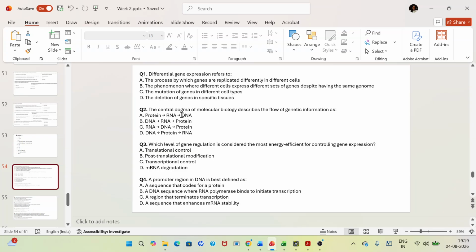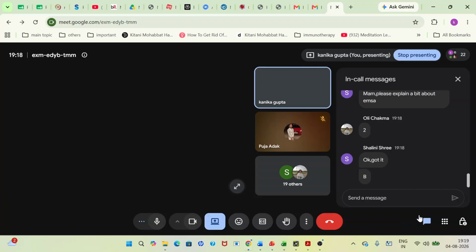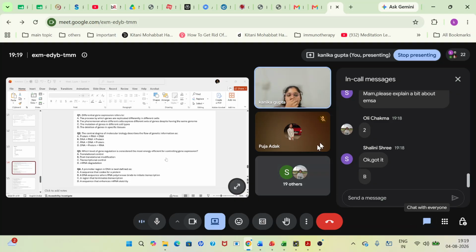Obviously the genome is the same in each and every cell, but the expression of different genes in different cells is different, because not every cell requires every protein that can be formed from the whole genome. So this tells which cells will need what kind of protein expression.